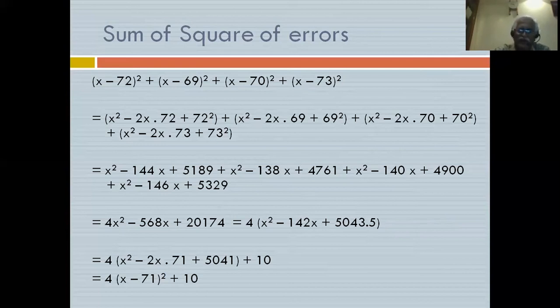So we got the equation 4 into (x minus 71) square plus 10. The mean is 71, then 10 is the minimum. That is why the sum of square has to be estimated. I hope you understand it. Next.